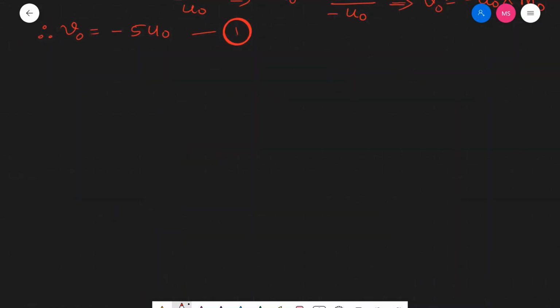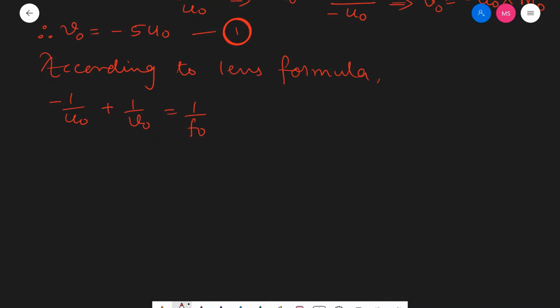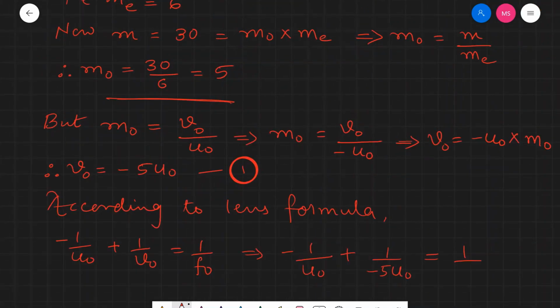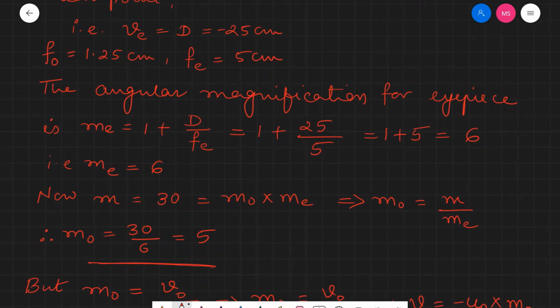Now according to lens formula, minus 1 by UO plus 1 by VO is equal to 1 by FO. So this implies that minus 1 by UO plus 1 by minus 5 UO is equal to 1 by FO, which is given as 1.25.